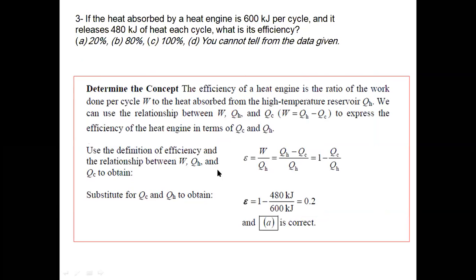We start with the efficiency, which is the work over QH, and the work equals QH minus QC over QH, which equals 1 minus QC over QH. So the efficiency equals, how much QC is released? QC is 480 kilojoule over 600 kilojoule, which equals 0.2. And in this case, the answer is A, which equals 20%.